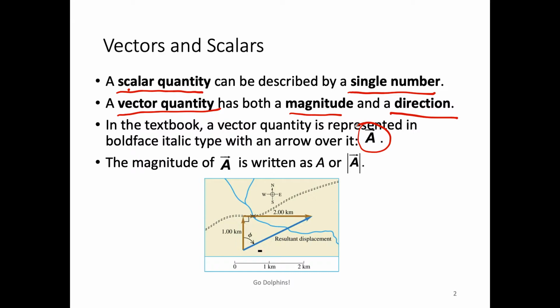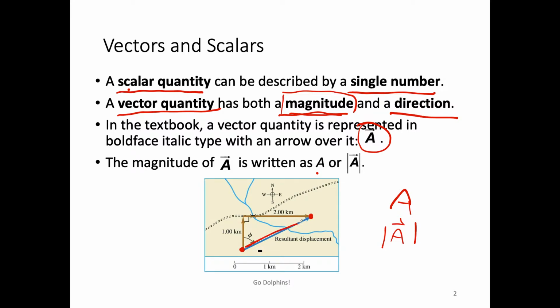And because a vector has a magnitude, if we want to write the magnitude of a vector, we don't write it in bold and we don't write the arrowhead, or you can also write it as the absolute value of the vector.